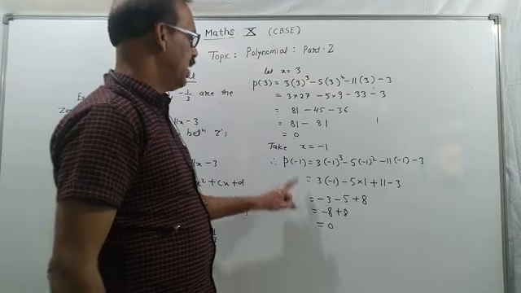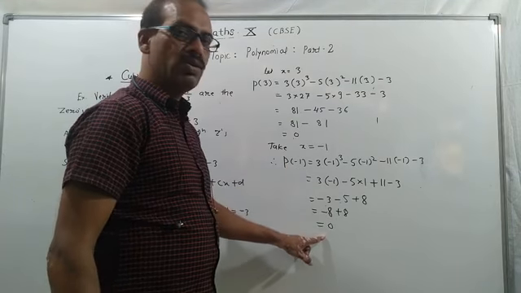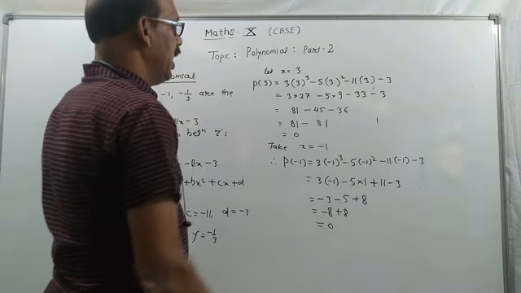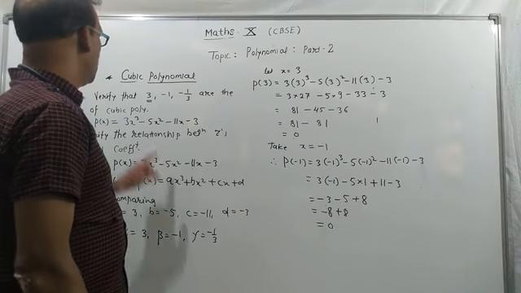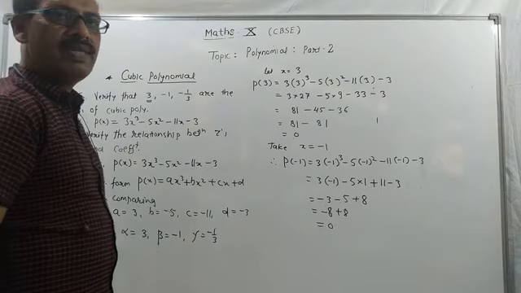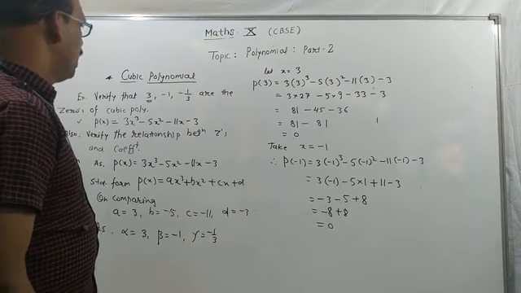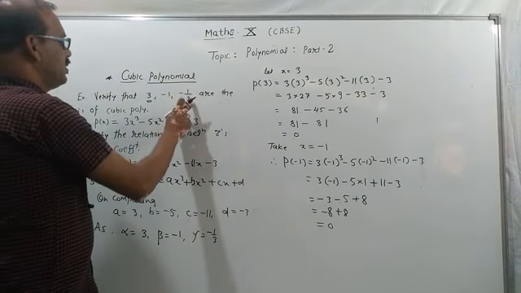Again we get the value of p of minus 1 as 0. This shows that x equal to minus 1, or beta equal to minus 1, is a zero of the given polynomial.